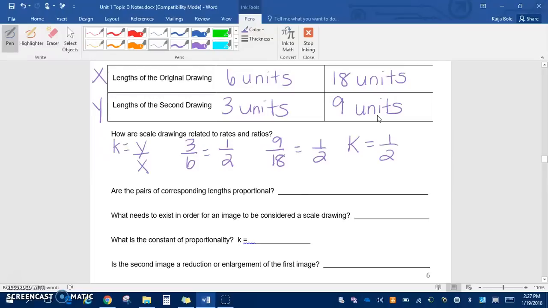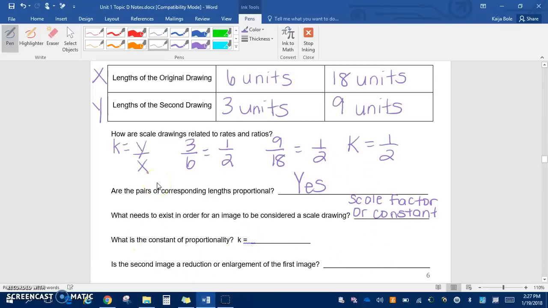And it asks, are the pairs of corresponding lengths proportional? And we can say yes. And then it asks, what needs to exist in order for an image to be considered a scale drawing? And it needs to have the scale factor or constant. So this constant K is also known as our scale factor.